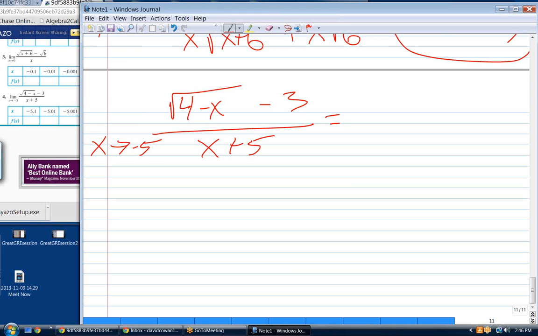Okay. So, again, this doesn't appear to be a factoring problem, but again, we can multiply by the conjugate. So what's our conjugate going to be? Root 4 minus x plus 3.